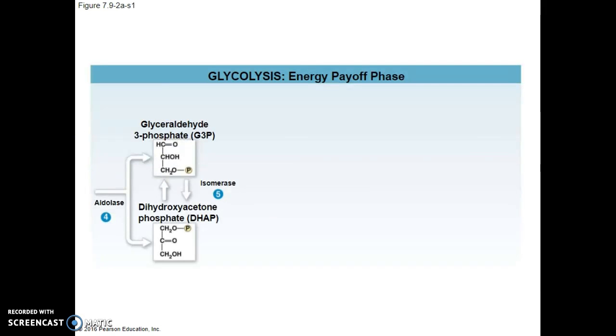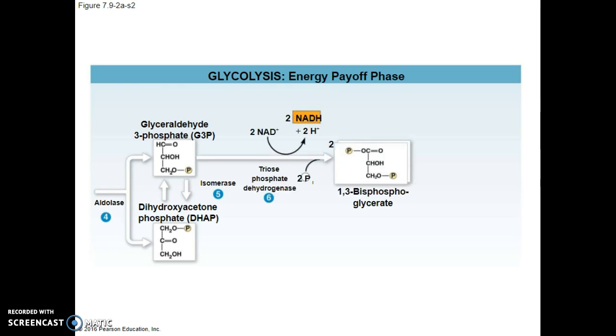If we're going over the energy payoff phase one more time, this is the end of the energy requiring phase, which is also known as the energy investment phase. And like I said before, only one of these can go through, and it'd be G3P. Once G3P goes through, it loses two electrons and two protons, which causes the two NAD plus to gain a hydrogen, turning the two NAD plus into two NADH.